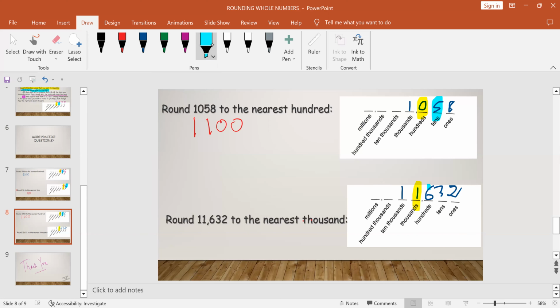Is it 5 or greater? Yes. Therefore, we're going to increase the 1, which is the yellow we highlighted. So we have a 2 there. Anything else on the right side is 0. So you have 12,000, which is the answer to this question.